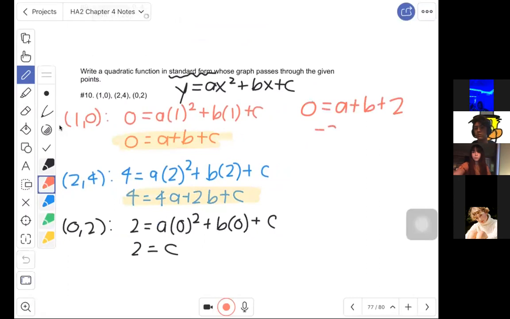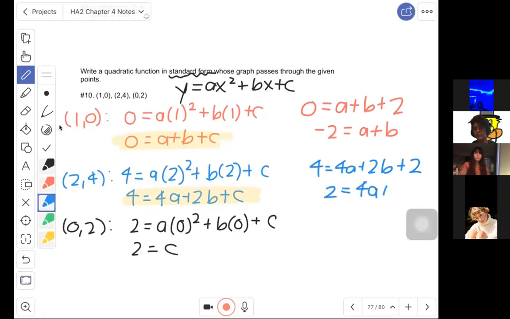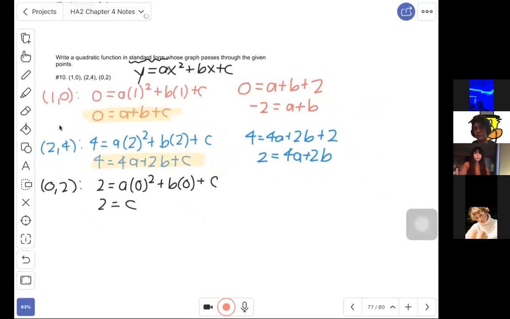So we have -2 equaling a plus b. And we're going to do the same thing for the other one. And we want to bring our constants together, so I'll subtract that 2 over. Questions how we got here so far?